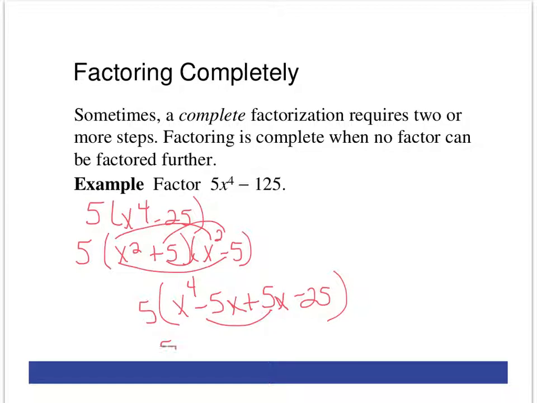So now I get 5 times x to the 4th minus 25. So let's distribute. So 5x to the 4th minus, 5 times 25 is 125. So it checked back out. So we are done.